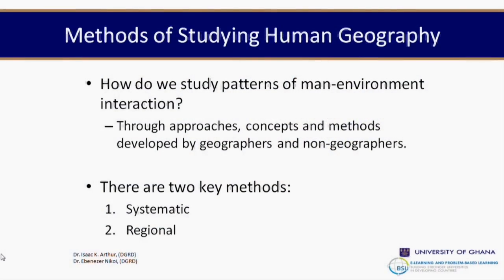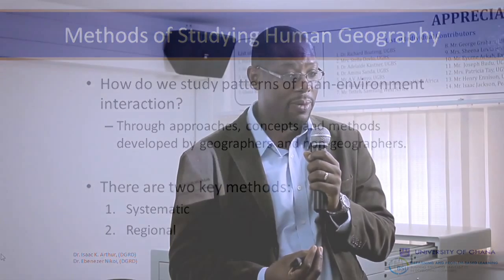Having had all these thoughts, you think of how you want to come to this understanding, right? So through approaches, concepts, and methods, geographers develop these ideas to solve these problems. But it's not always about geographers. Non-geographers also use similar methods, because you have to bear in mind that geography is a scientific discipline, right?